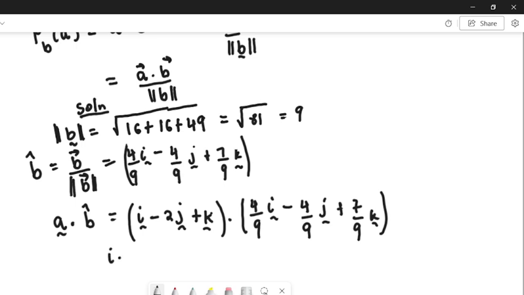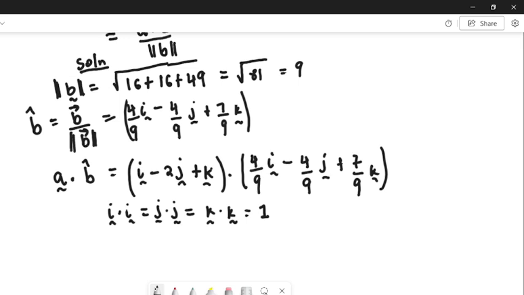Remember, i dot i is equal to j dot j is equal to k dot k is equal to 1. So we're going to get this, and it's a scalar product.